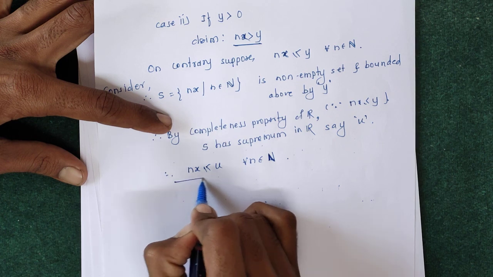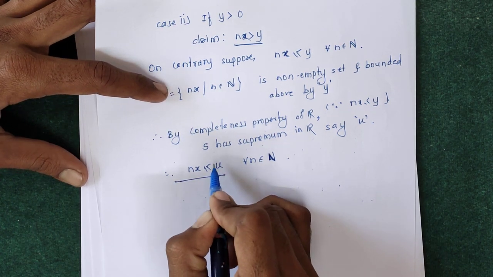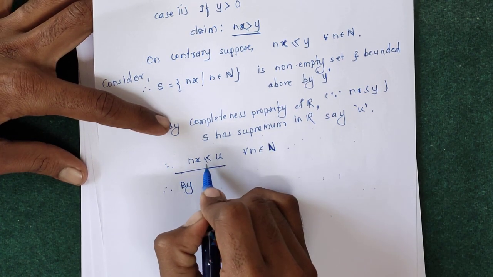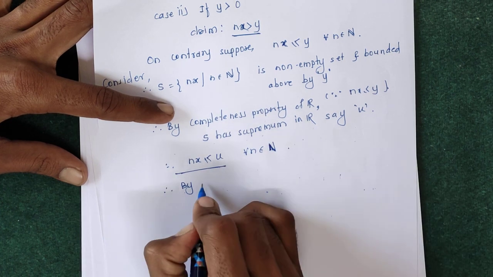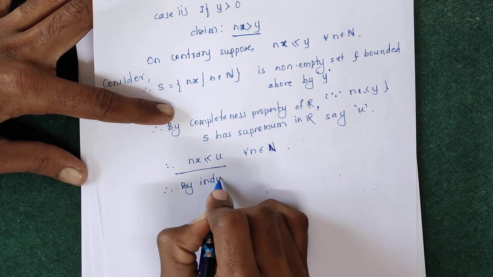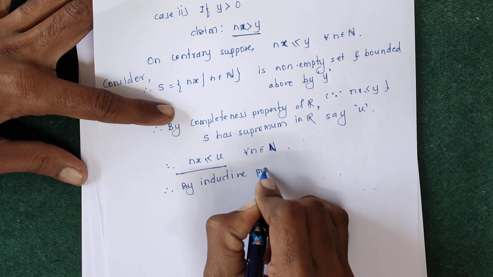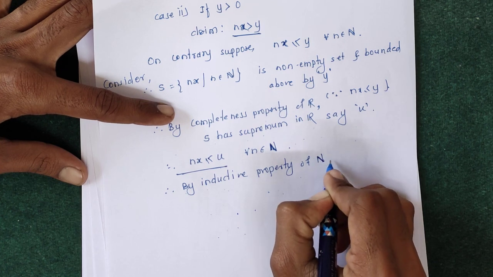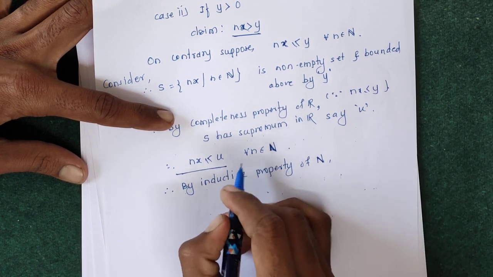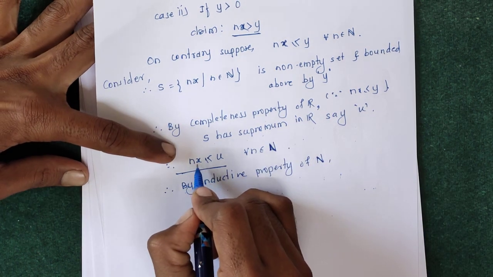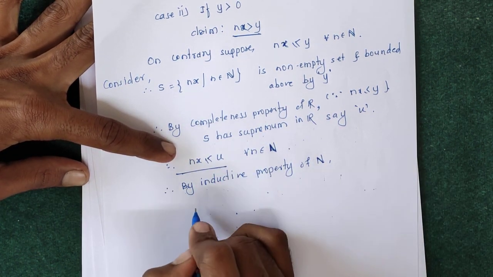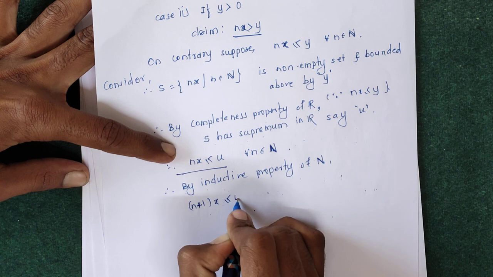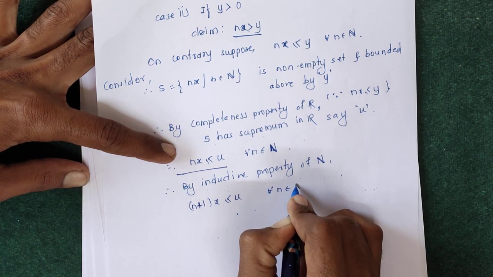Now, nx is less than or equal to U, where U is the least upper bound or supremum. Therefore, by the inductive property of natural numbers, which means if n is a natural number then n plus 1 is a natural number, (n plus 1) times x must be less than or equal to U for all n belonging to natural numbers.